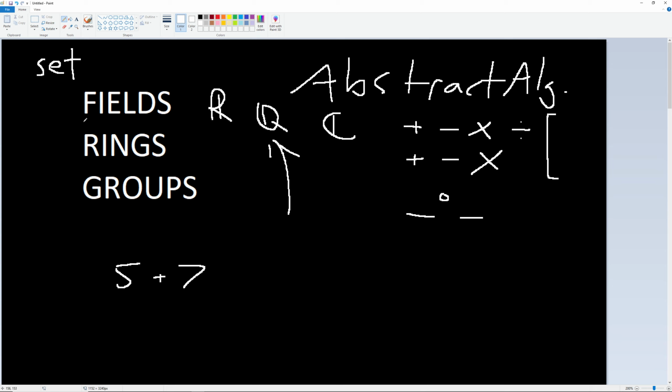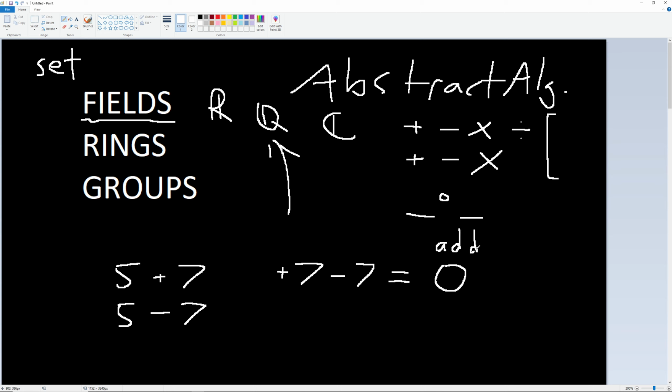Let's talk about fields for now, okay? And so what would be the opposite of adding 7 would be to subtract 7. And so what do I mean by the opposite, or I should say inverse? The additive inverse is the thing that, when you have plus 7, gets you, in this case, 0. But 0 is the additive identity.